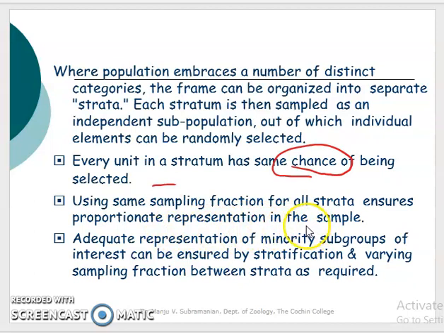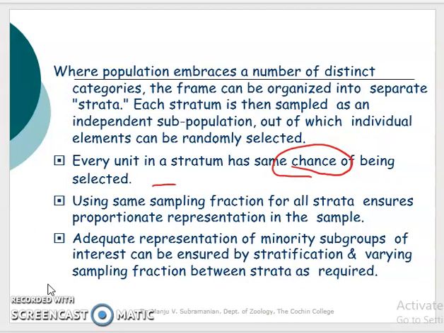The chance of choosing an individual from a stratum is merely a chance, and we rely on the fact that each individual in a stratum has the same chance of being selected. We are just imagining it like that, and adequate representation of a minority subgroup of interest can be ensured by the stratification and varying the sampling fraction between the strata as required.